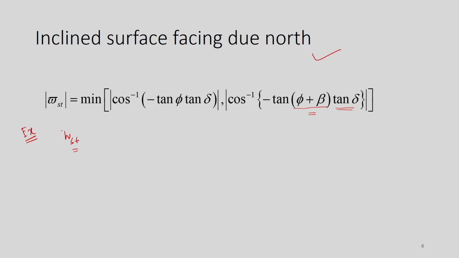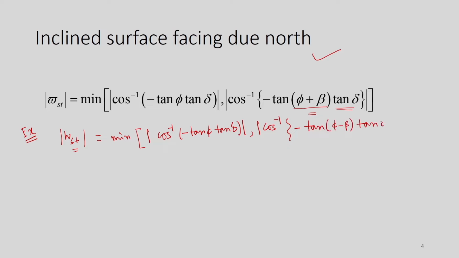So, this omega s t we can write as the minimum of mod cos inverse of minus tan of phi times tan of delta, and mod cos inverse of minus tan of phi minus beta times tan of delta.